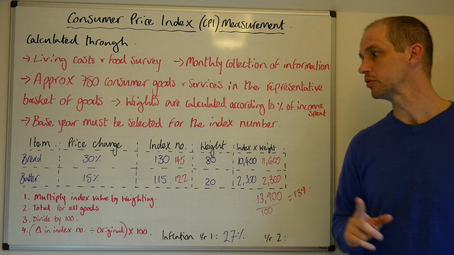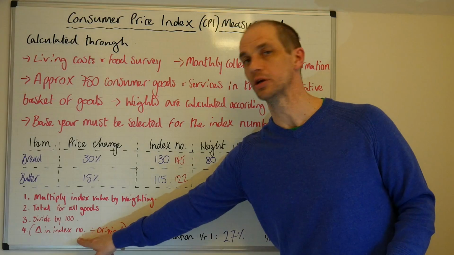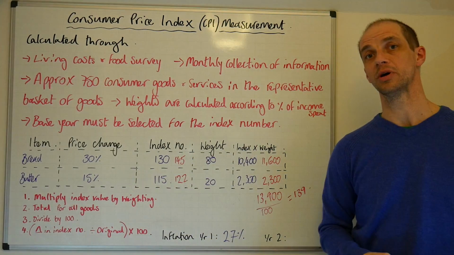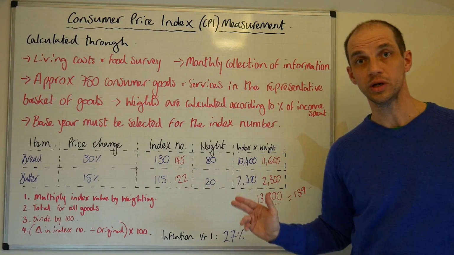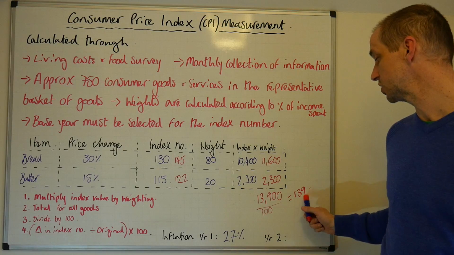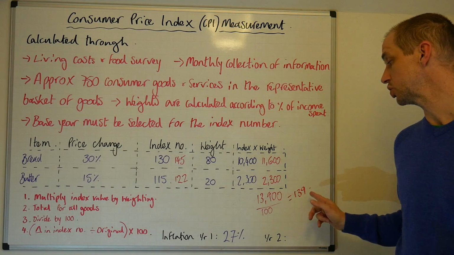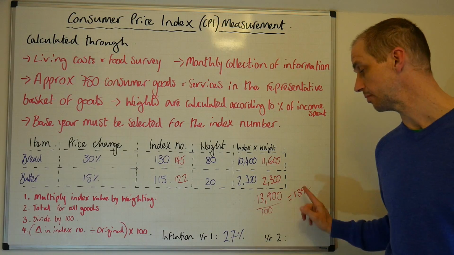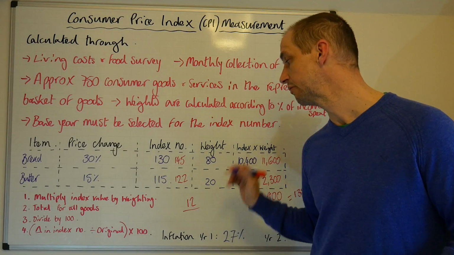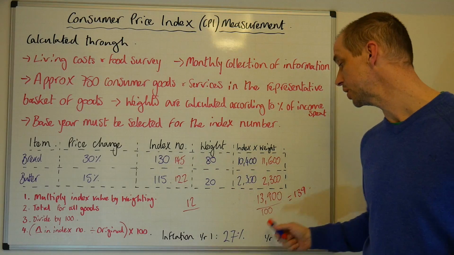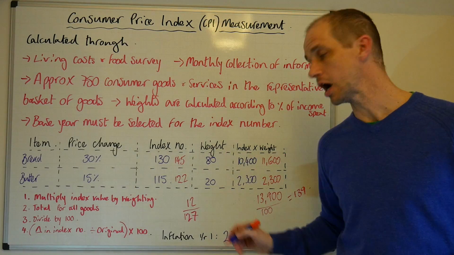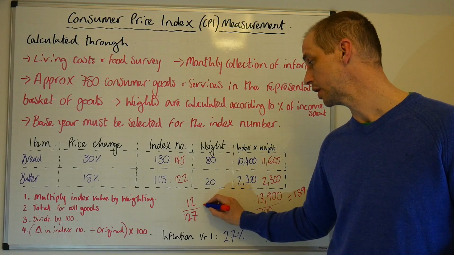Okay, but no, there's one more step that you must use, and that is the change in the index number divided by the original times 100. So let's just work through that. So we can see that we end up with a change of from 127 to 139. Well, that's a change of 12 divided by our original figure, which would have been 127, times by 100.